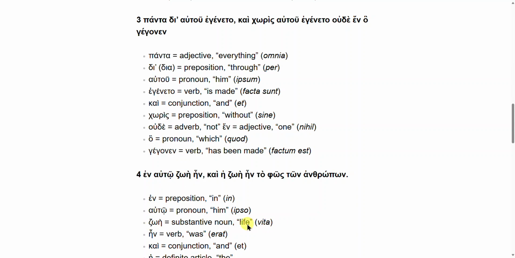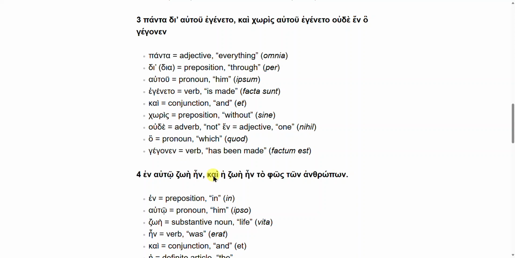Vita in Latin or life in English, substantive noun. Zoe. It's where we get the word animal from, or living creature. The study of zoology is the study of living creatures. That comes from this Greek word zoe, which means life. So en auto zoe ein. In him life was. That's the verb again we've seen before.